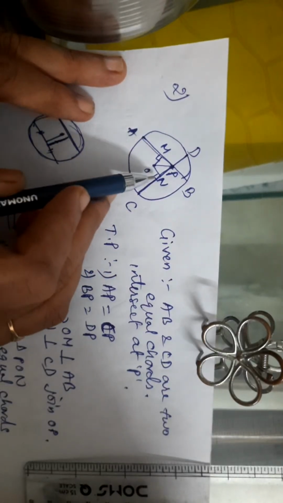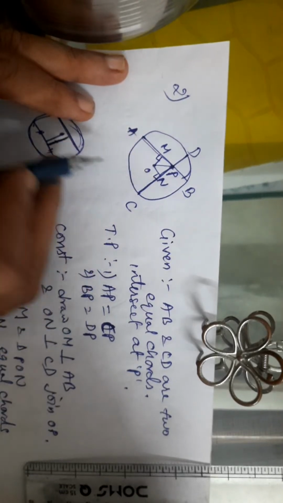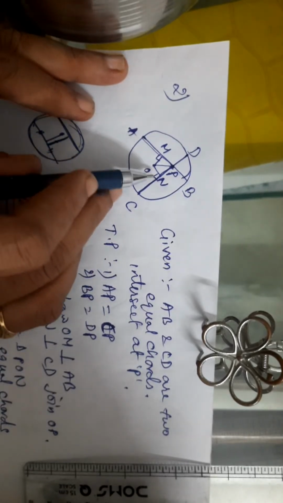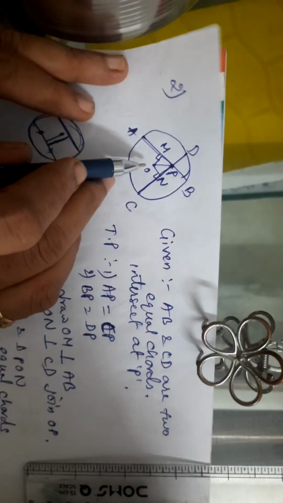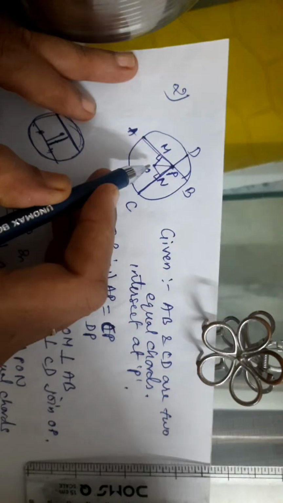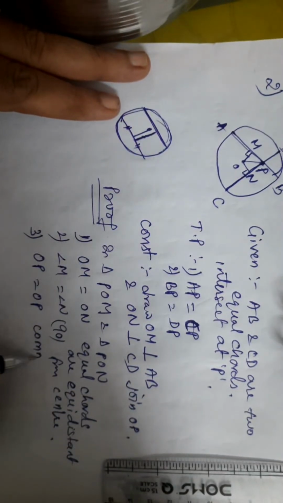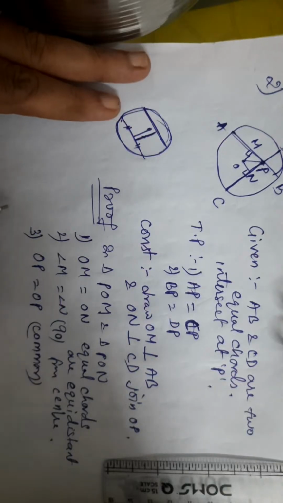Second, angles M and N are both 90 because they are perpendicular. Third, OP is common. So we got three points.